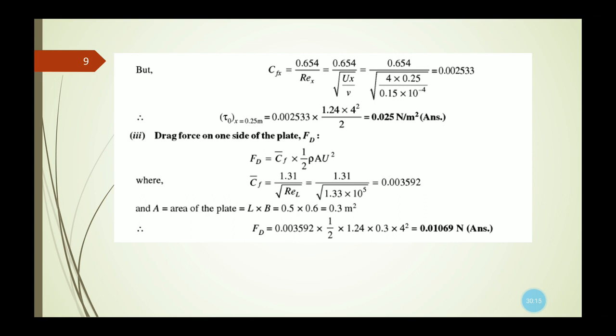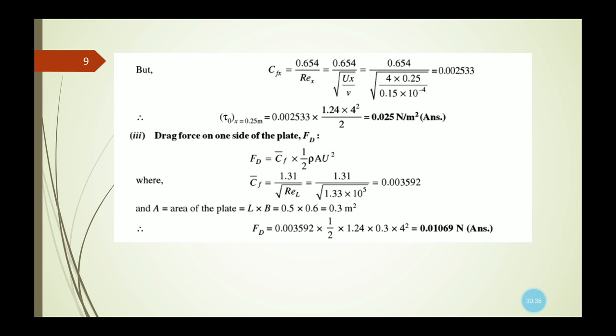We can put all the values of the Reynolds number and we are getting the skin friction coefficient as 0.002533. Putting this value in the formula of the shear stress, we get tau naught equals 0.025 Newton per meter square.